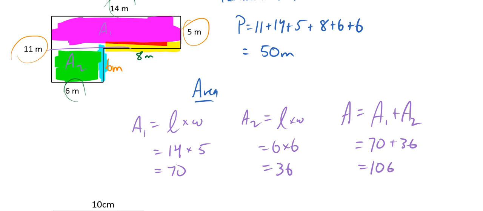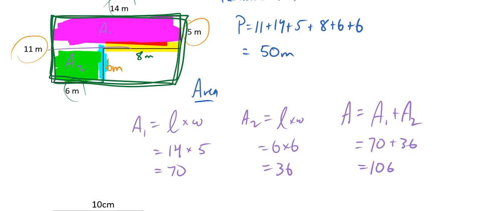Somebody did it one other way, and it's something that I'll talk about, and then we're going to do more of tomorrow. Somebody in here found this whole big shape, 14 by 11.